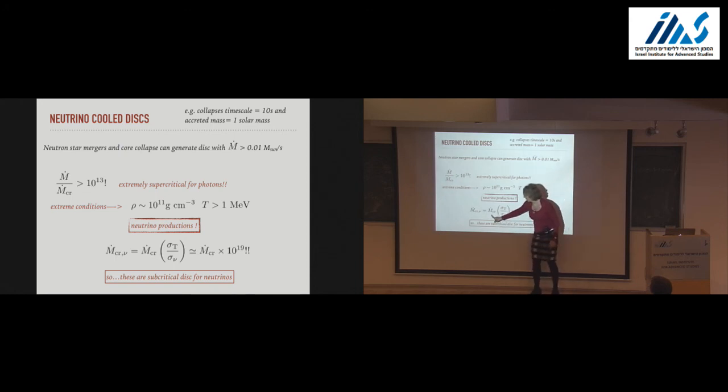Now, this is the critical accretion rate we have been talking about so far. This is the corresponding critical value, but for neutrinos. So in here, there is the neutrino cross-section rather than the Thomson cross-section.